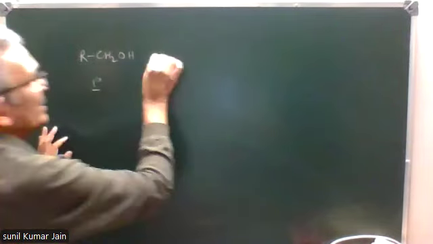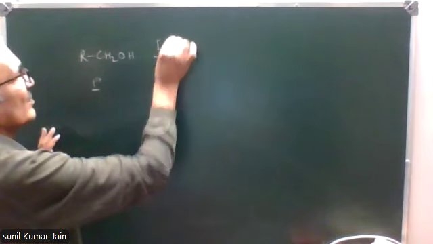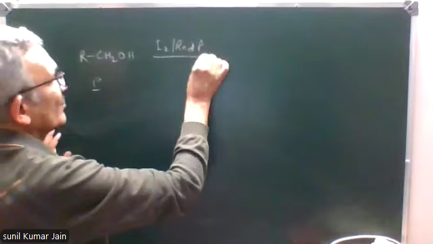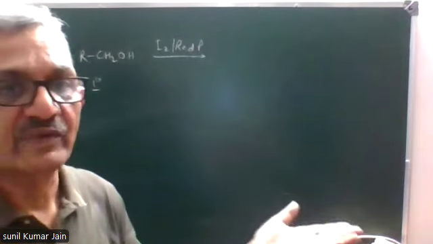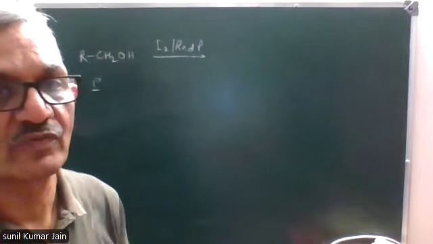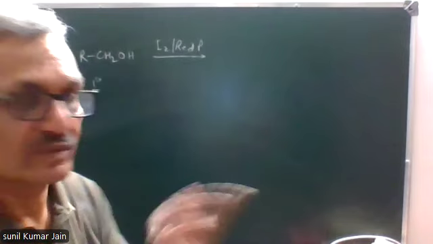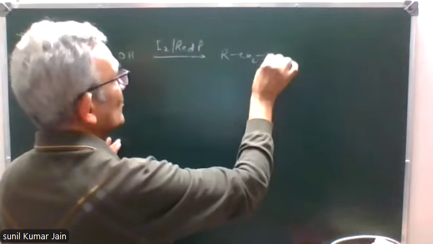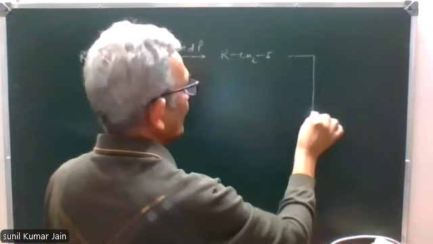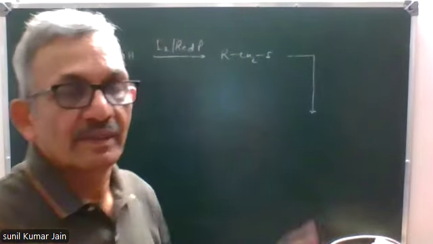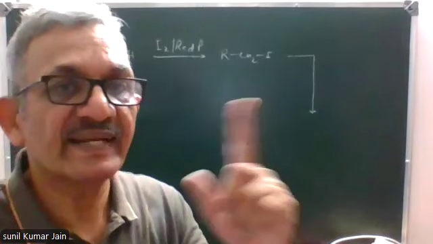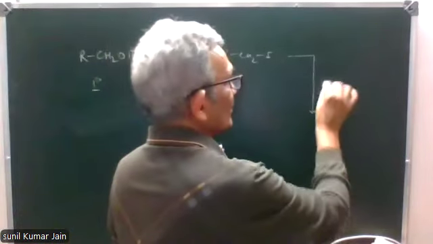RCH2OH, primary alcohol. Alcohol with iodine, red phosphorus, this will lead to the formation of iodoalkane. You have studied this reaction. Plus water I have not written. This iodoalkane is then reacted with AgNO2.